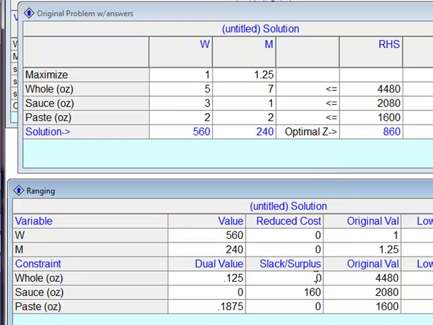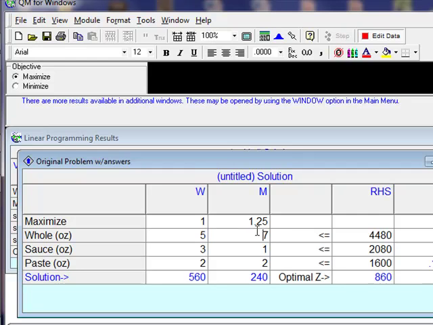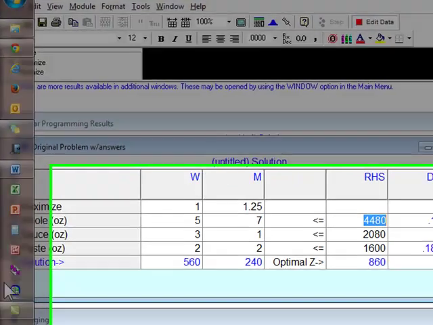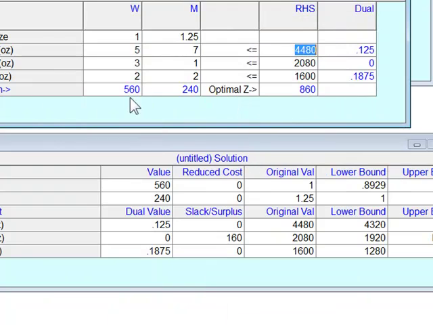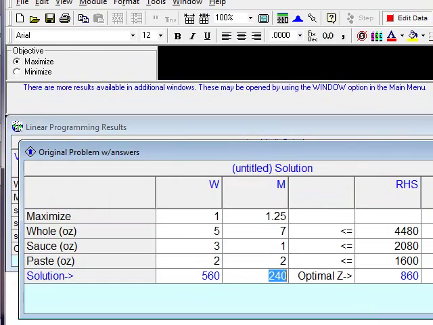So coming back here, the zero slack means that in this constraint for whole tomatoes, if I plug in the 560 and the 240, so I do 5 multiplied by 560 and 7 multiplied by 240, I will get exactly 4,480, meaning that the left side of that constraint is exactly equal to 4,480, and I don't end up with any idle or unused amount of whole tomatoes if I choose to make 560 jars and 240 jars respectively.